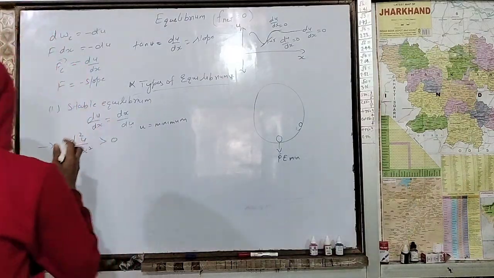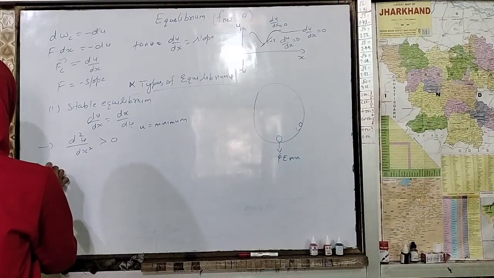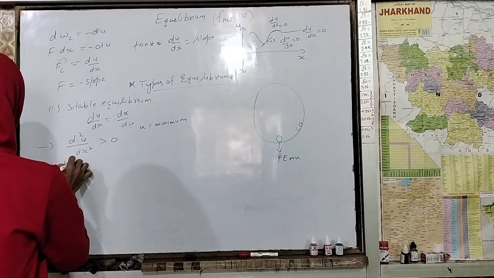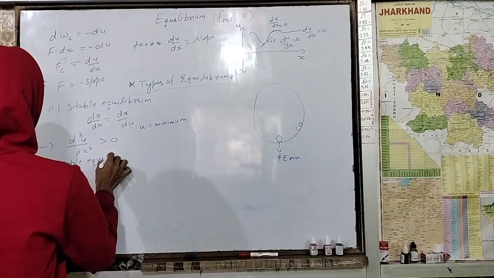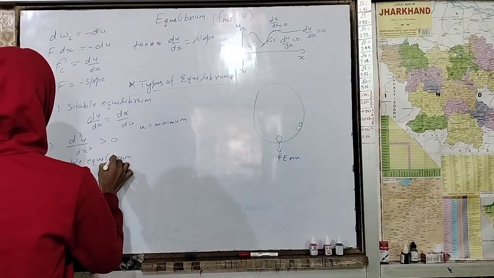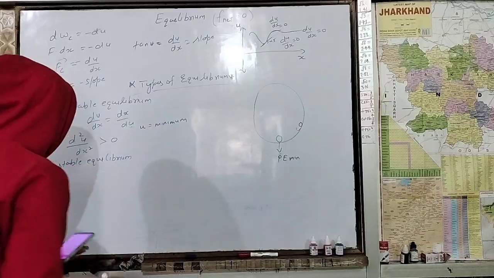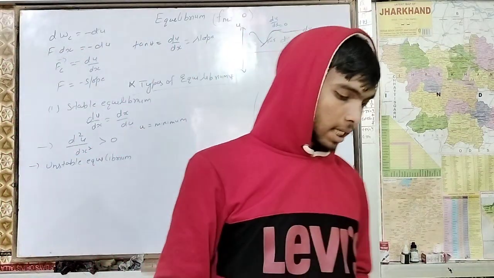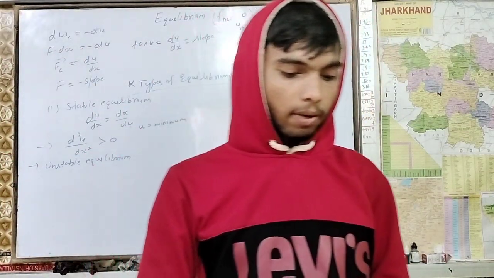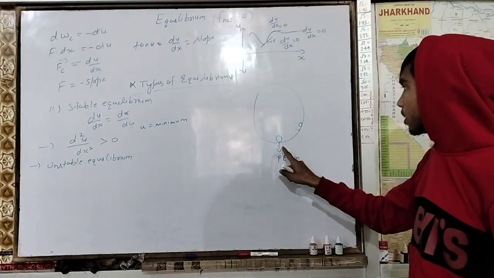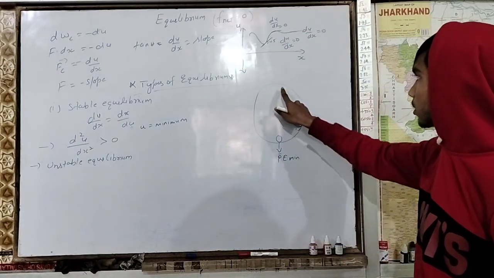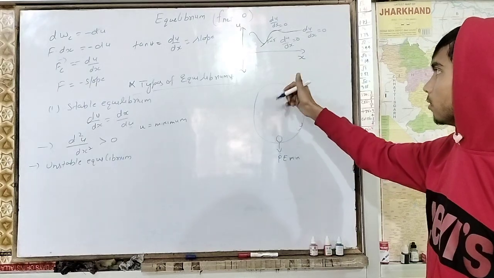Now next we have unstable equilibrium. If we move the body slightly, it will move towards the stable equilibrium position. This was over here. If you move it over here and release, what will happen?